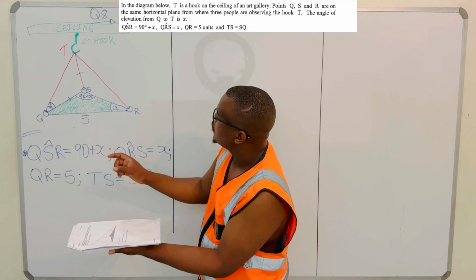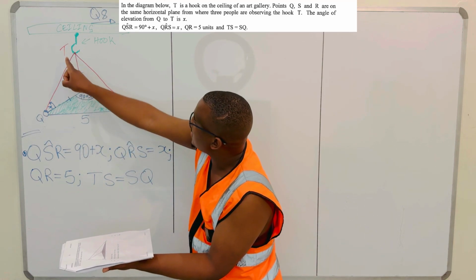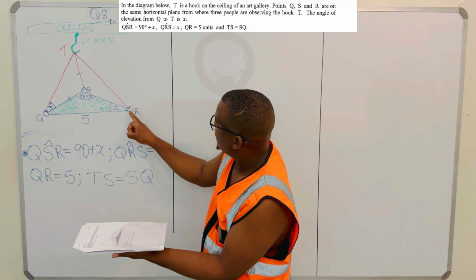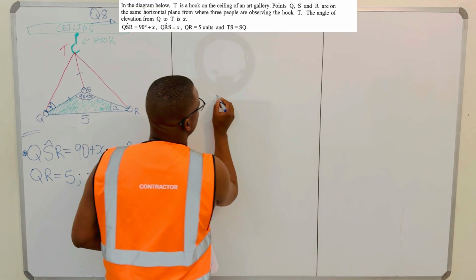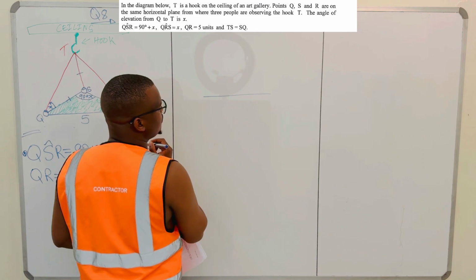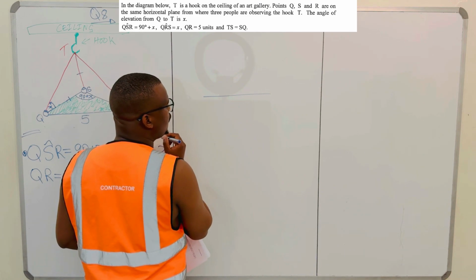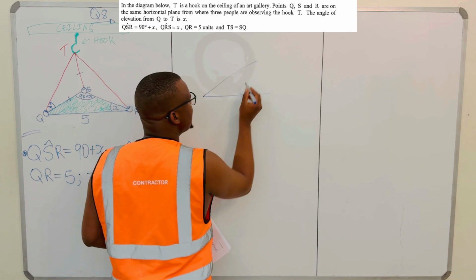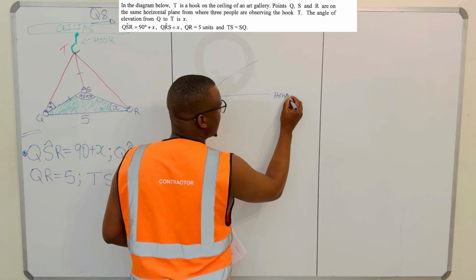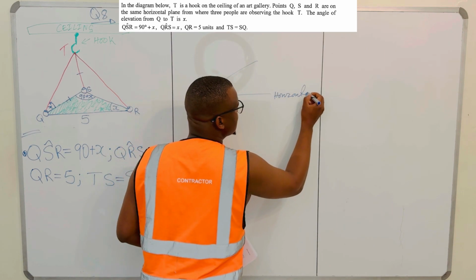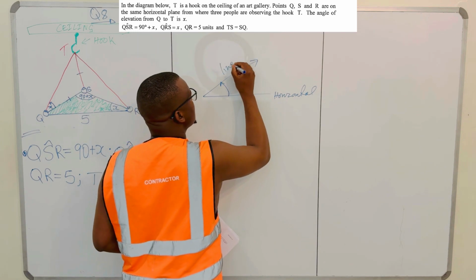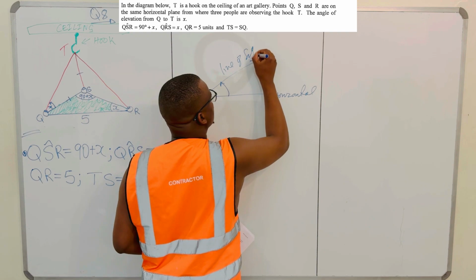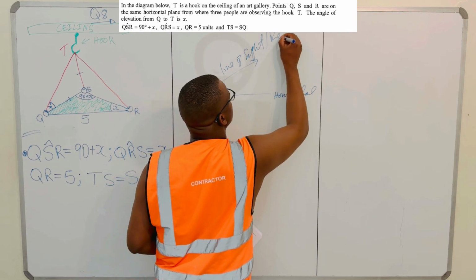Not a problem. So Q is looking there, S is looking there, and this one is looking there. If you have a horizontal here, your angle of elevation is the angle measured from the horizontal into your line of sight. This is your line of sight, or you can just say it's your ray.